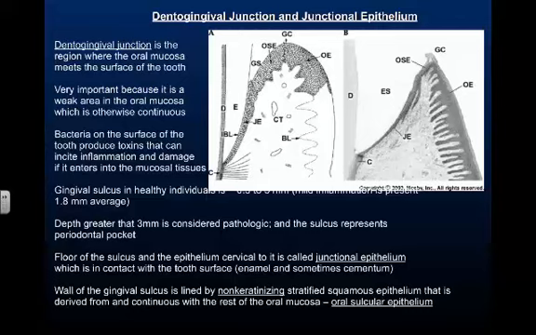You have your swelling, you have your mast cells, you have macrophages, you release histamines, you release bradykinin. It's really interesting. Because of that, obviously, the sulcus gets longer.